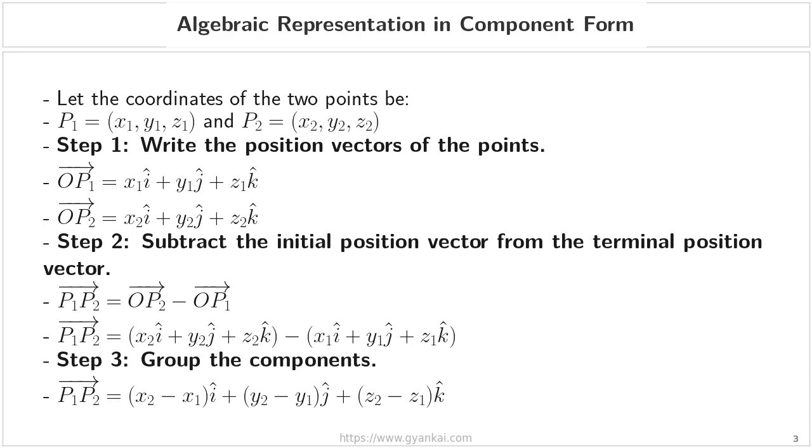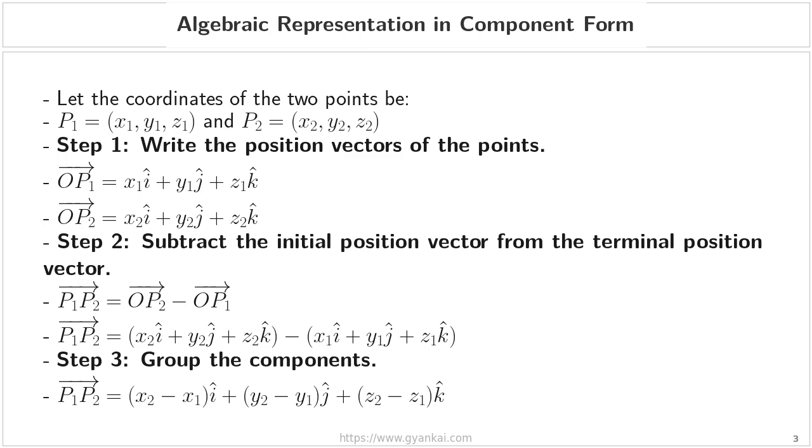Step 3, finally we group the components together. We subtract the x components, the y components, and the z components separately. This leaves us with a very clean final formula. The vector P1P2 is equal to the quantity x2 minus x1, all for the i component, plus the quantity y2 minus y1 for the j component, and finally the quantity z2 minus z1 for the k component.